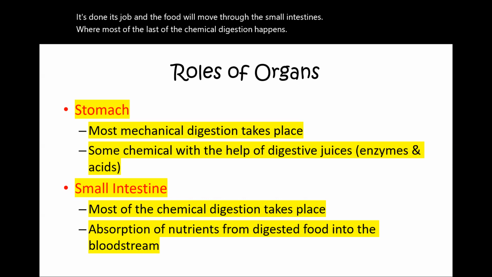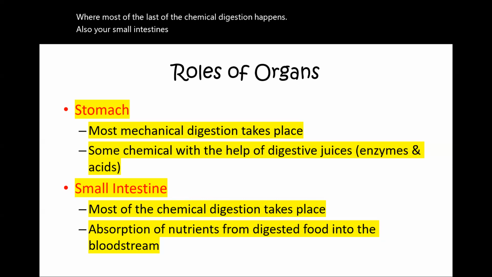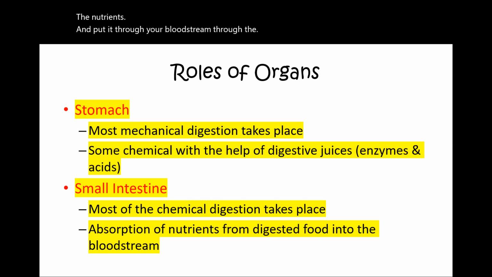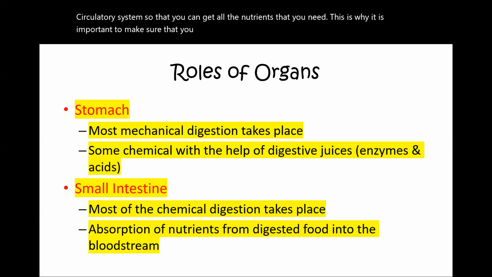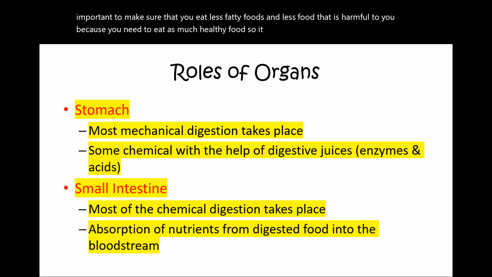Your small intestines also absorb the nutrients and put them through your bloodstream, through the circulatory system, so that you can get all the nutrients that you need. This is why it is important to eat less fatty food and less food that is harmful to you, because you need to eat as much healthy food as possible so it makes your body strong.